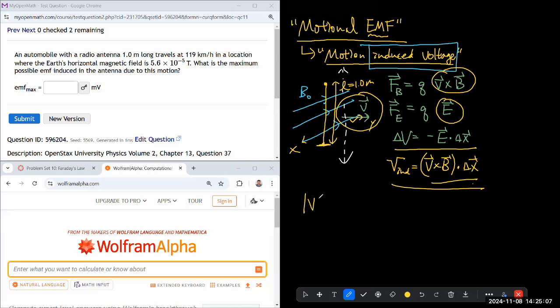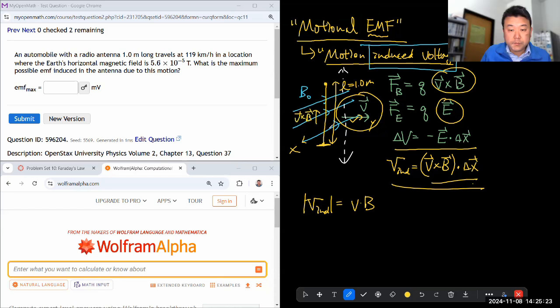So for the magnitude of the induced voltage, we can make things simple. V cross B will give you the magnitude V times B. And we oriented things so that the direction of V cross B will be along the same direction as the length of the wire, where we can measure voltage across. So it'll be just the length of the wire. So that should be the motion induced voltage.